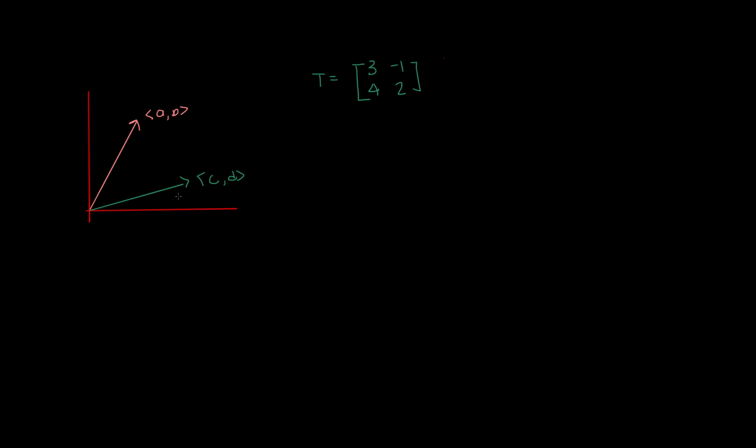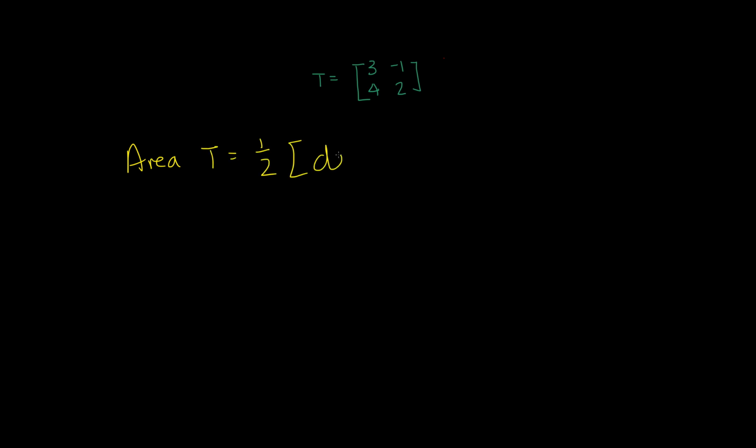My arrows are a little bit off here, so I'll just delete this. Actually I don't need this graph anymore because we have a formula for this. So I'll erase all of this, and I know that my area of T is equal to 1/2 the determinant of T.